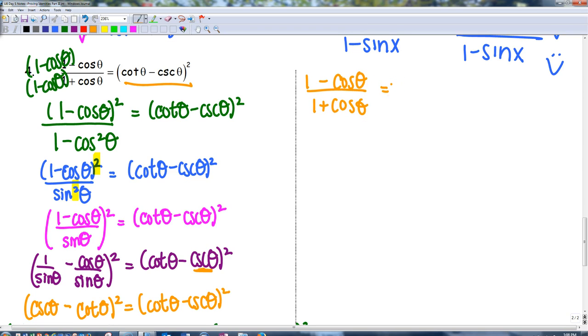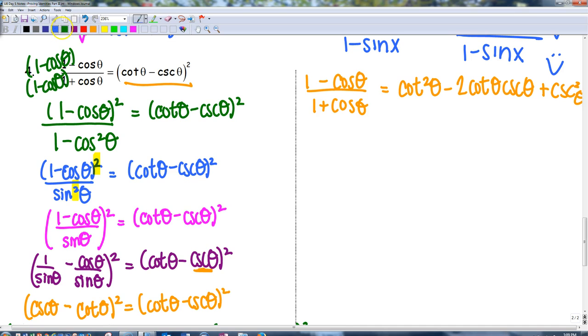All right, so when you FOIL, you're going to have cotangent squared theta minus 2 cotangent theta cosecant theta plus cosecant squared theta.